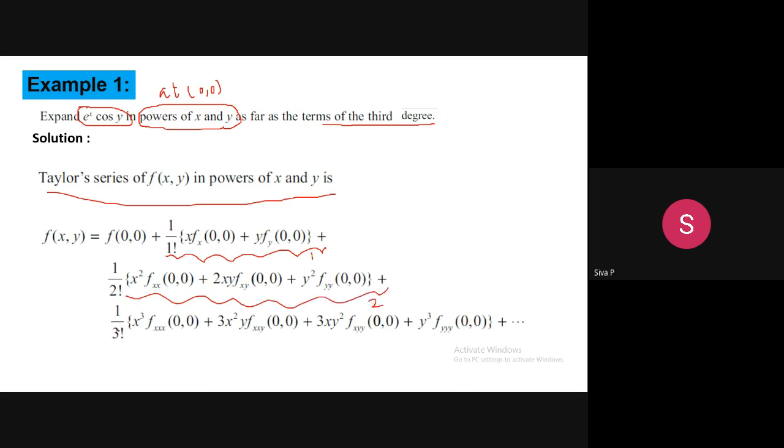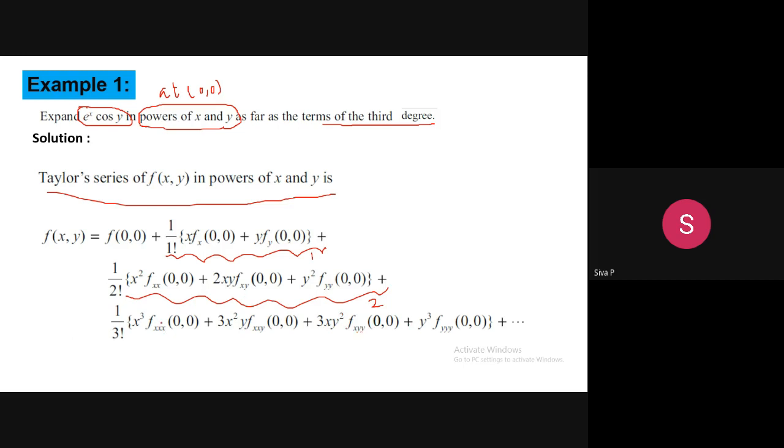Third term is 1/3! times x³ f_xxx(0, 0) plus 3x²y f_xxy(0, 0) plus 3xy² f_xyy(0, 0).